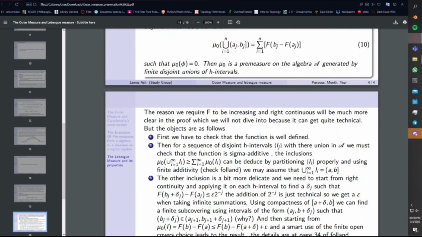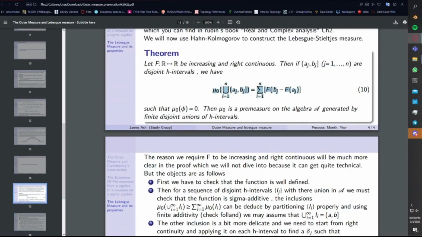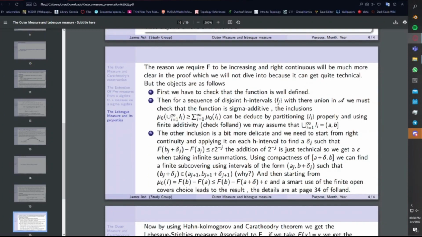And now, just give me a sec. Oh, now, okay, of course. Now we have to check that this acts like a pre-measure, basically. So we need to check sigma additivity. So if we take a sequence of disjoint intervals, I'll just speak of general ideas, because if I went through it in full, we would be done by the end of the meeting with the proof.